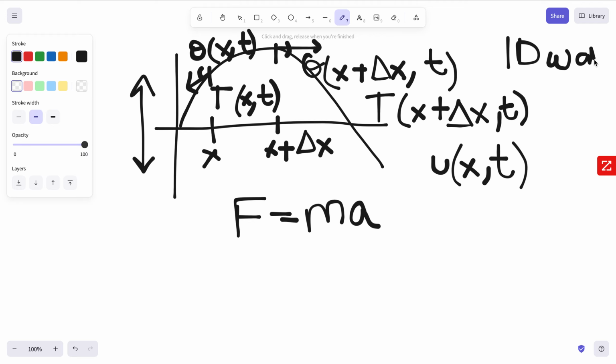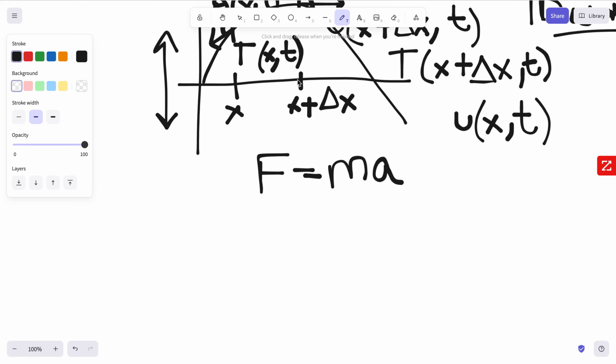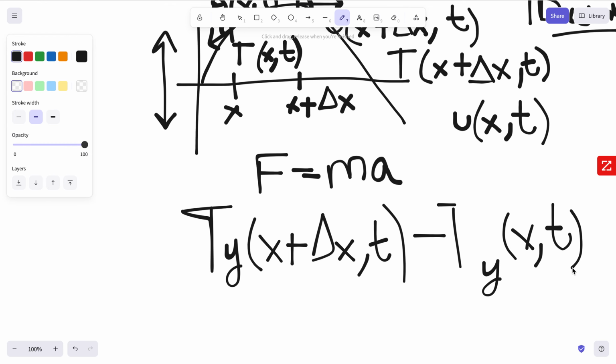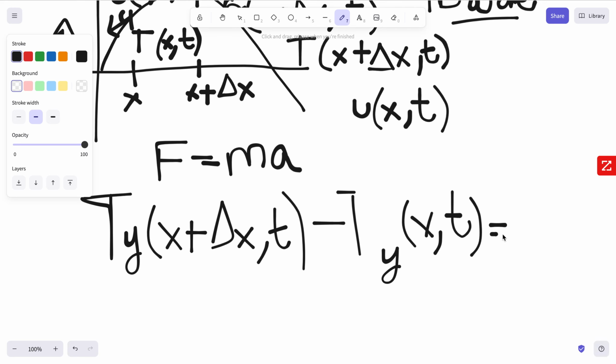So F equals ma. Well, we know our force, since we're just trying to describe the force in the y position, we can describe it as T sub y of x plus change in x, comma t, minus T sub y of x comma t, equals some kind of mass times partial squared u, the second derivative of our y position with respect to t.